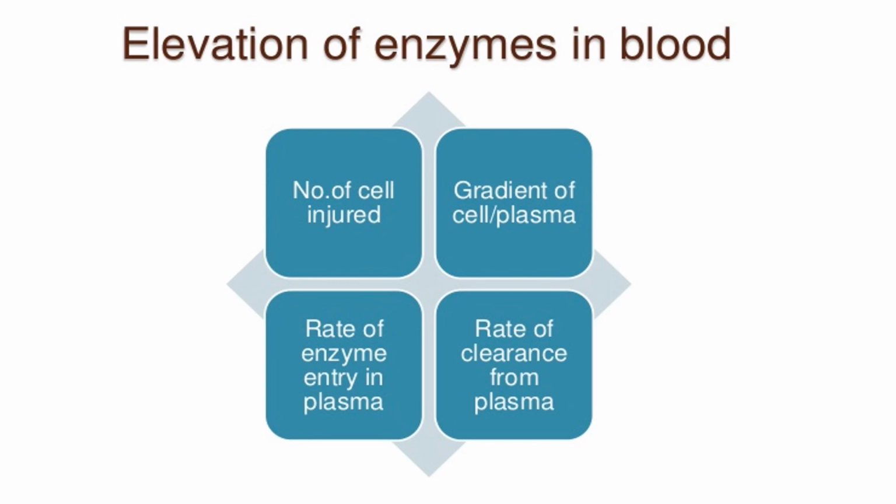Another possible reason is that the gradient of the cell and the plasma is disturbed, or the rate of enzyme entry in the plasma is increased, or it is possible that the rate of clearance of enzyme from the plasma is delayed. So if there is an increased rate of entry and a delayed clearance from the plasma, they all may lead to high levels of non-functional plasma enzyme in the circulation.